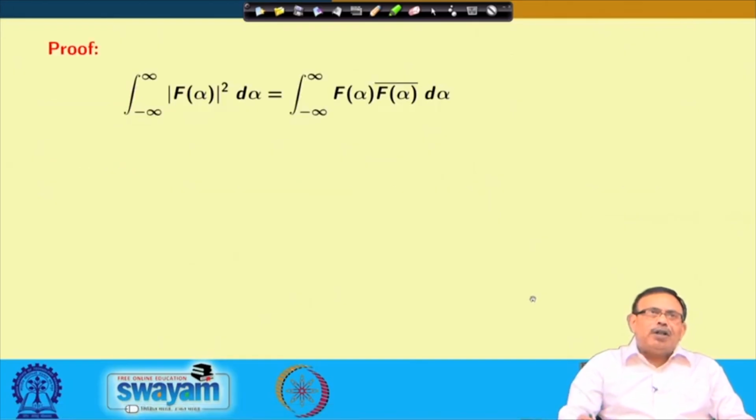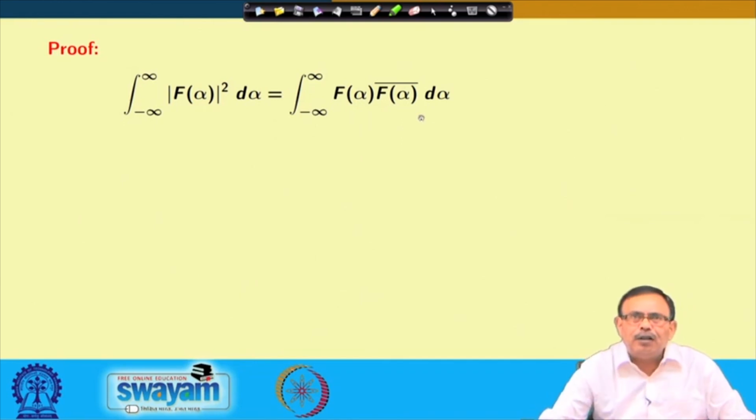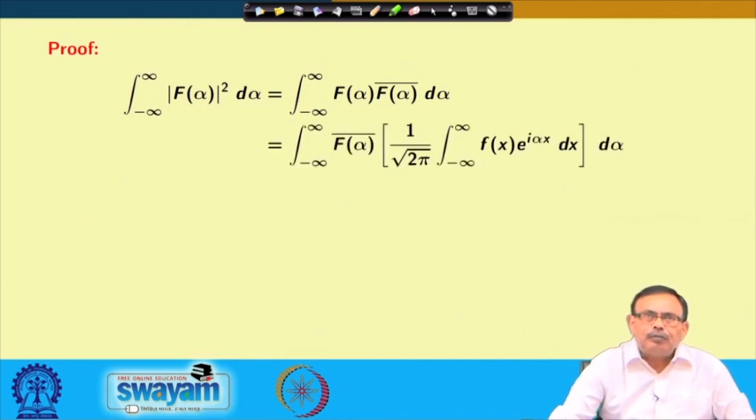So, we are starting from the right hand side, that is the integral from minus infinity to infinity of mod of F(alpha) whole square d alpha. This mod of F(alpha) whole square d alpha I can break into F(alpha) into F bar(alpha). So, that only I am writing F(alpha) into F(alpha) bar. Now, F(alpha) bar is there. What is F(alpha)?